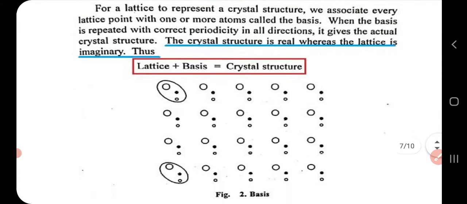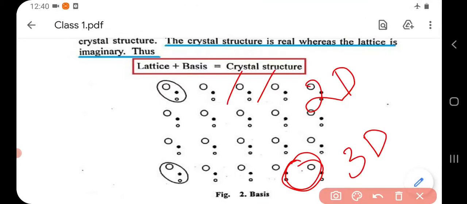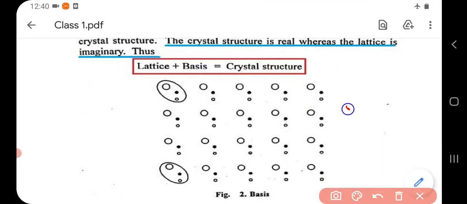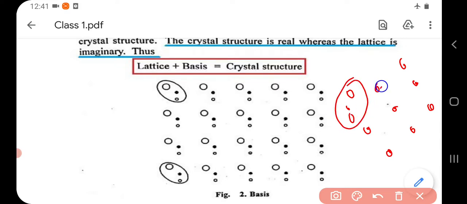Now I already told you that a regular arrangement of infinite number of imaginary points in three-dimensional space having identical surroundings will form a lattice, as shown like this. Now if you associate with each of these lattice points an atom or molecule, then this will form a basis. That is, this is a lattice point, it is associated with an atom or molecule.